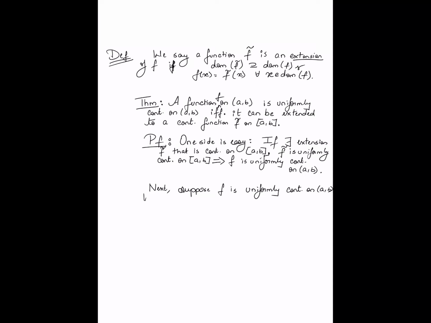In other words, we have to define f tilde A and f tilde B, because the extension is identical to f everywhere else on the open interval. It's only at the endpoints that I have to define the extension function, such that f tilde is in fact continuous on the closed interval. So for the proof, let me just focus on f tilde A. F tilde B is going to be analogously defined.